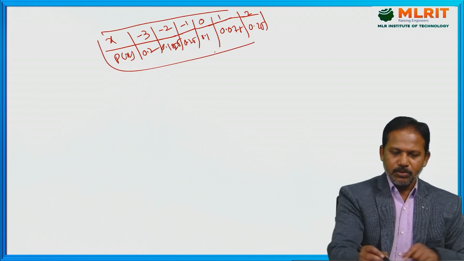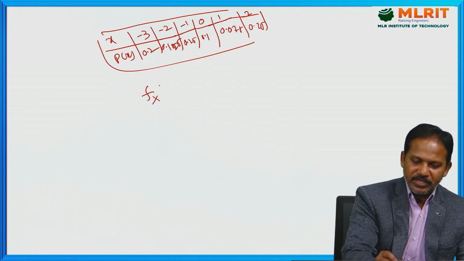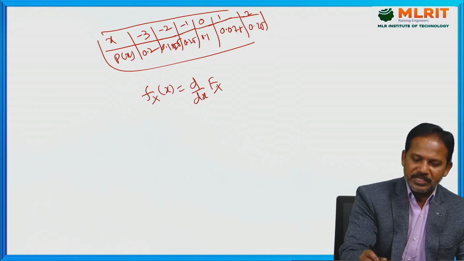So now, I want to find the probability density function, that means fx of x is equal to d by dx of capital Fx of x.